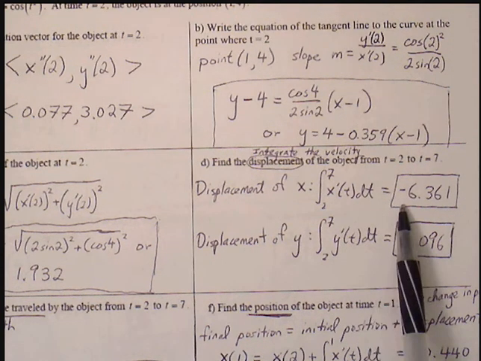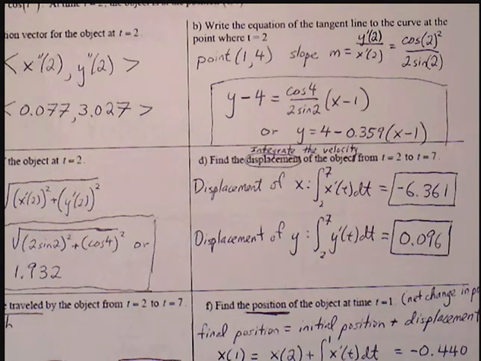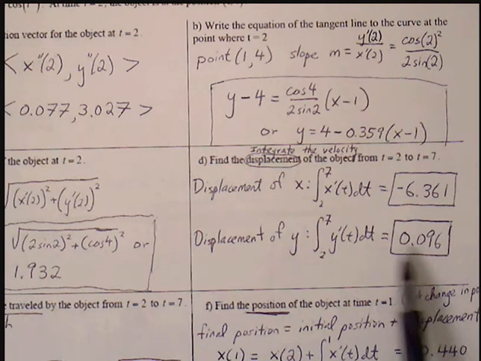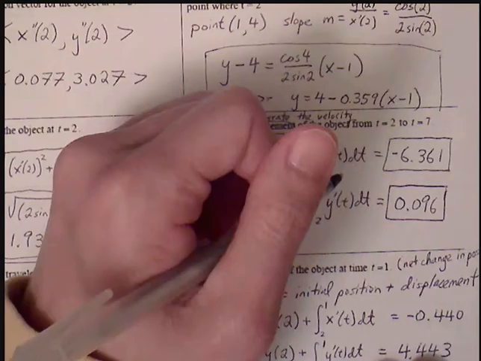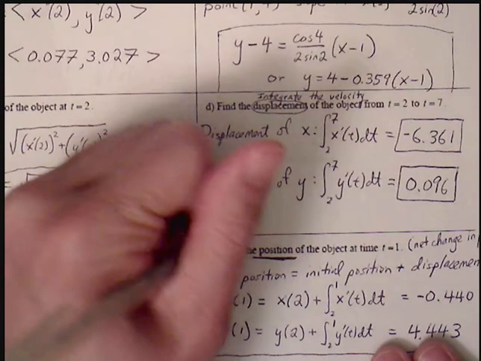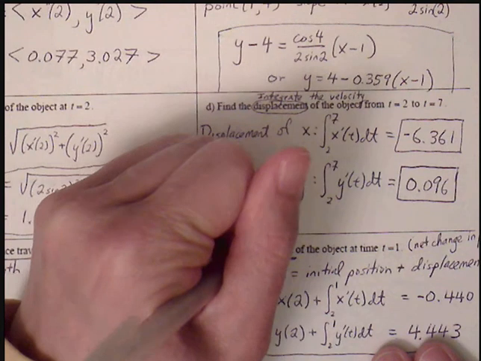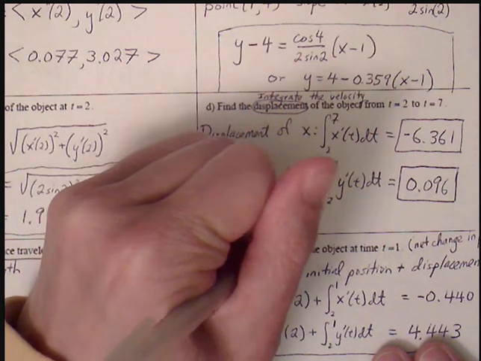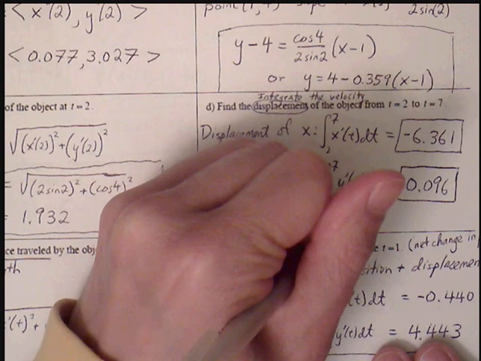We'll get negative 6.361, and the displacement of y will be the integral of y prime of t dt, evaluated from 2 to 7, so 0.096. We can write this in vector notation as negative 6.361 and the second component as 0.096.